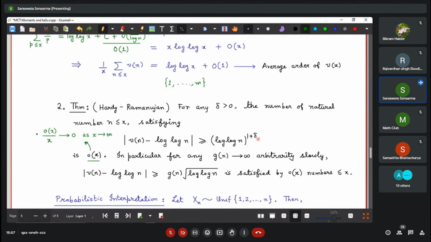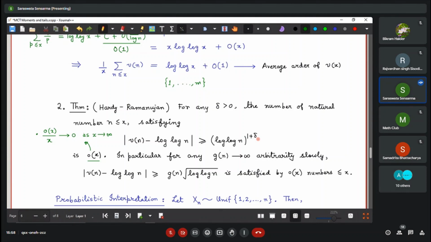In particular, if you write it differently, because this was true for any arbitrary positive delta: if you have any function g(n) going to infinity arbitrarily slowly, it doesn't matter how slowly, you can take 50 logs and then an n, then this inequality is satisfied only by very few numbers, only by little o of x numbers. So the proportion of numbers satisfying this property goes down to 0 as n goes to infinity.